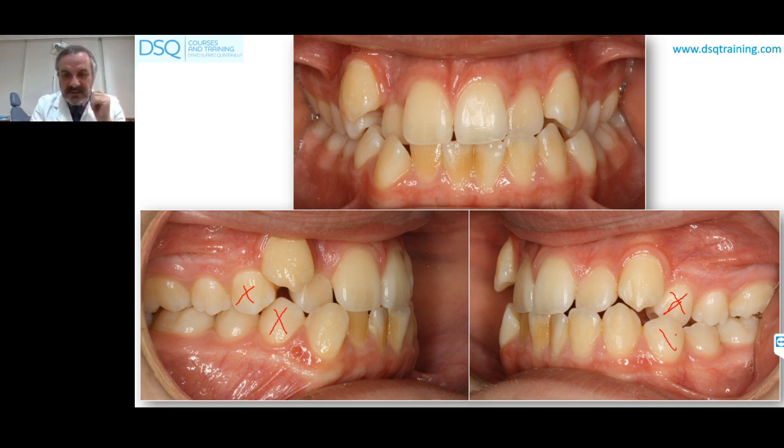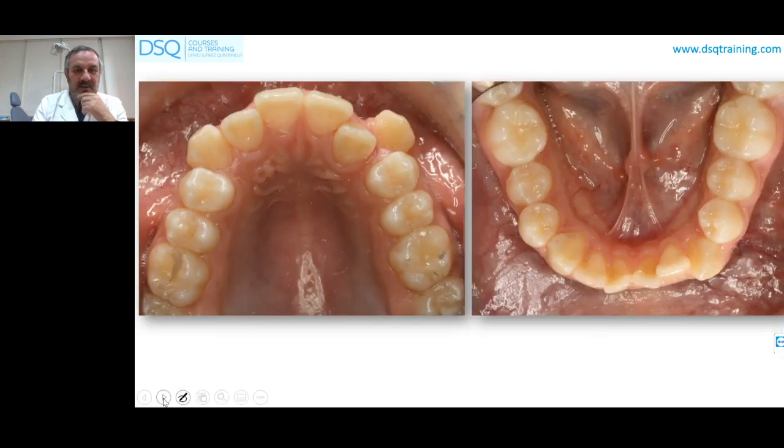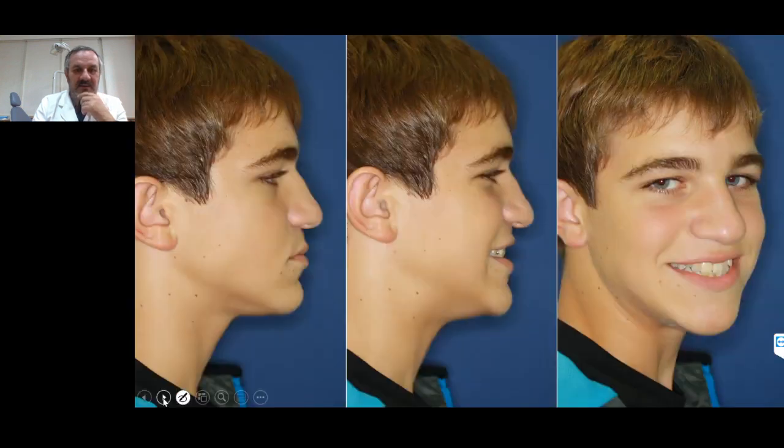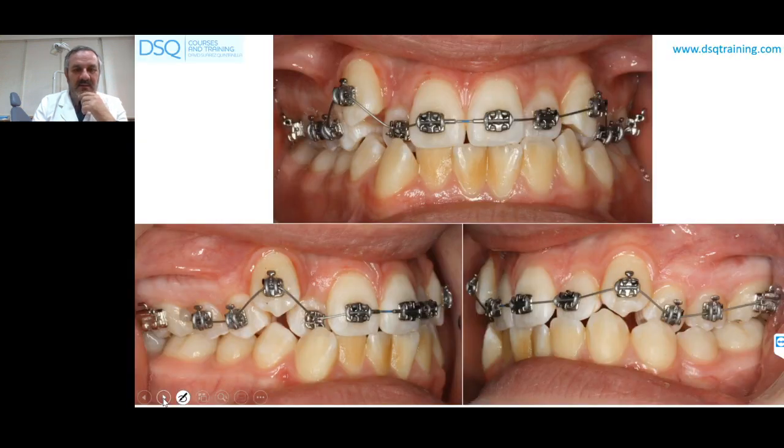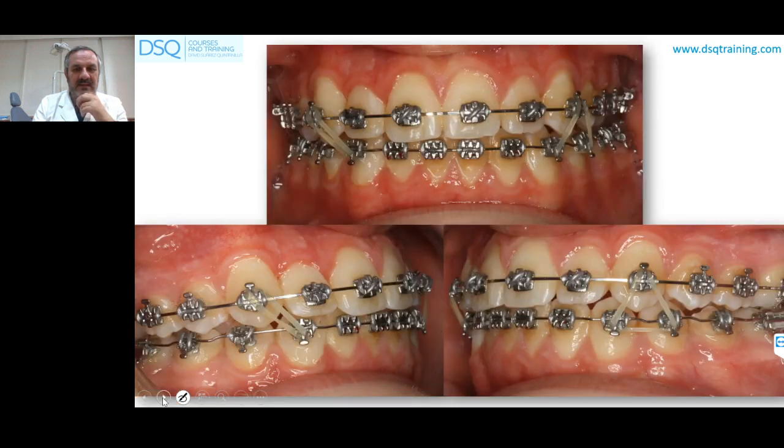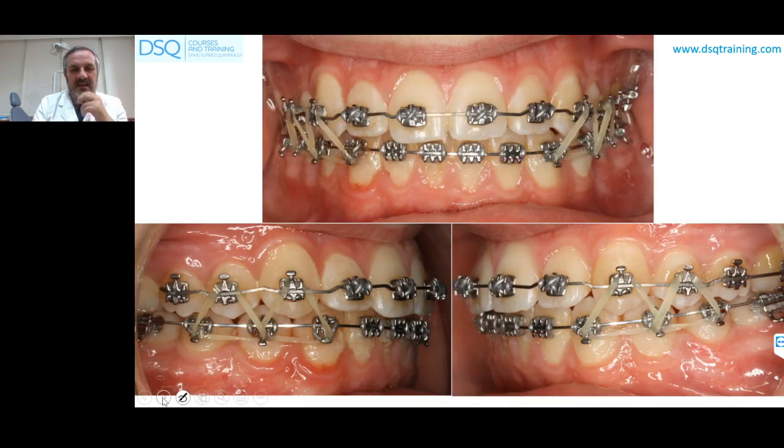For this reason, it's very difficult to understand the situation, and you can see the crowding. Start the treatment with the super elastic wires, now the thermal wires, and now it's time to use the beta 3 titanium.